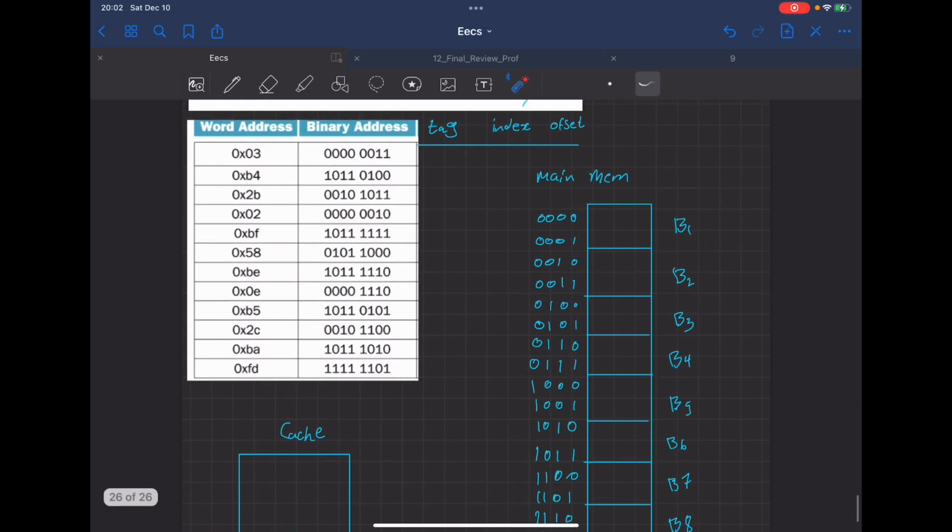And this correlates to our offset. Why? Because you'll have some data here, so we'll call it word 1 and word 2, right? And you're going to use that offset bit to either choose the first word or the second word, or in this case, ooh, no.